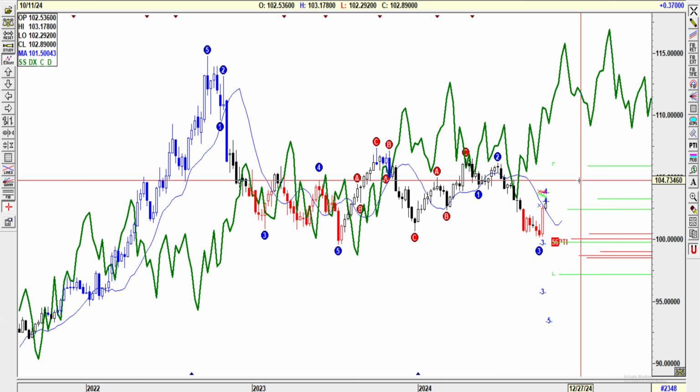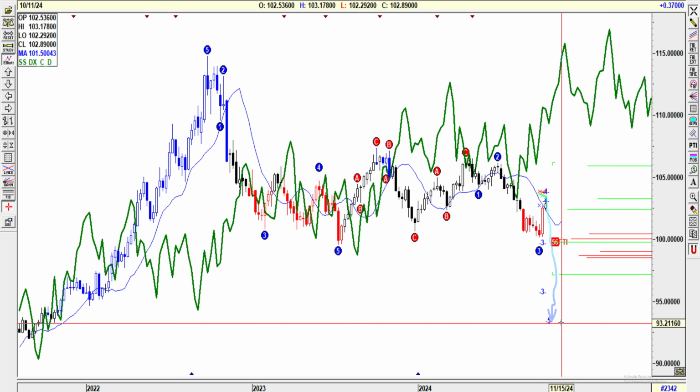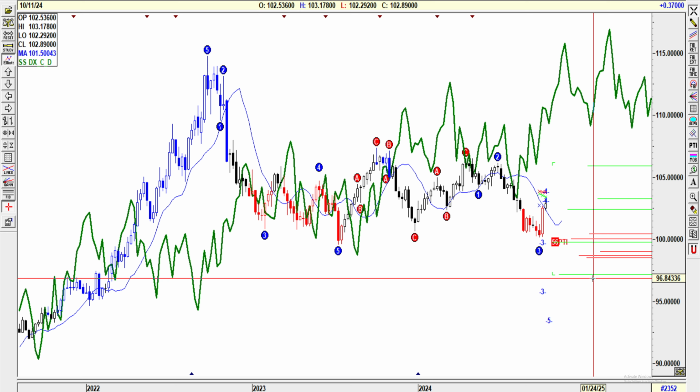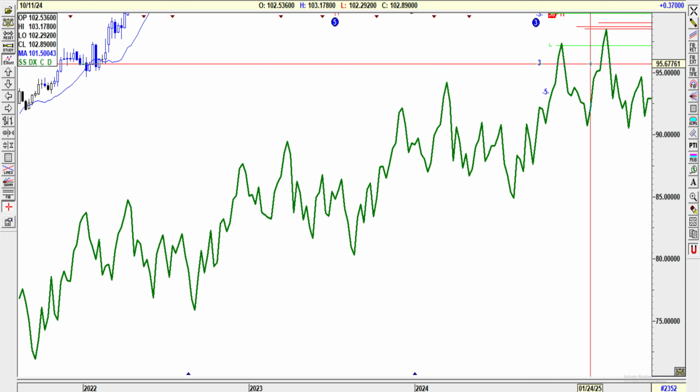So these are your two wave 4 possible projection targets. And then, obviously, a wave 5 down. Since this is a weekly, it's indicating a possible $93.30 for a wave 5.